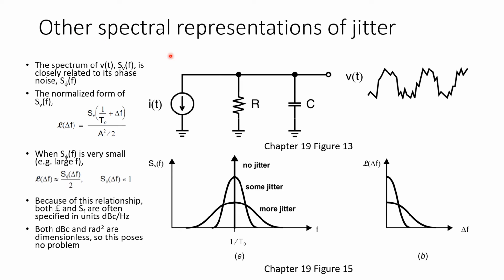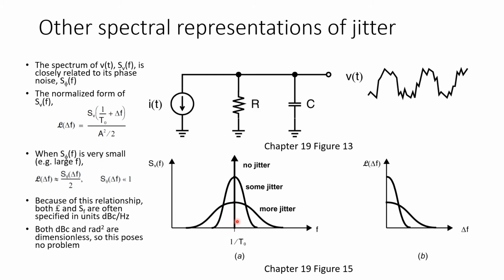So for example, if we think about this jittery sinusoid, the voltage waveform that arises here, Vt, can be straightforwardly turned into a power spectrum, and we would see a spectral density like this one, S subscript V, that is centered around the nominal oscillating frequency, 1 over T0.